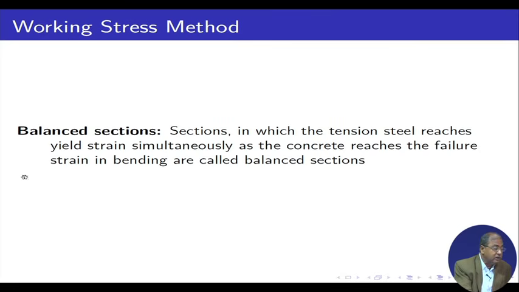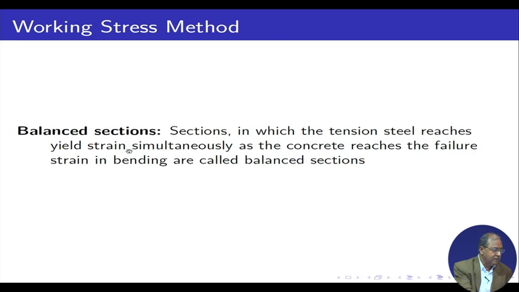Now, coming to balanced sections, just to give you an idea: when the steel and concrete both reach their capacity, then obviously that is the most optimum solution, but it is difficult to get. That is called the balanced section.